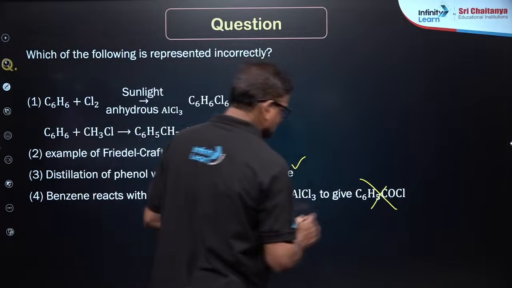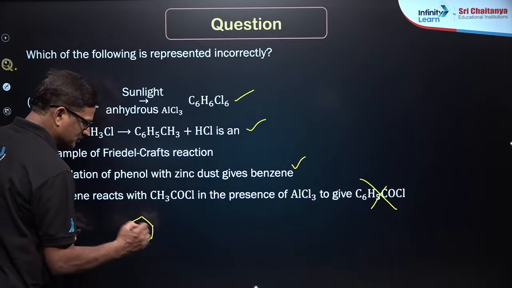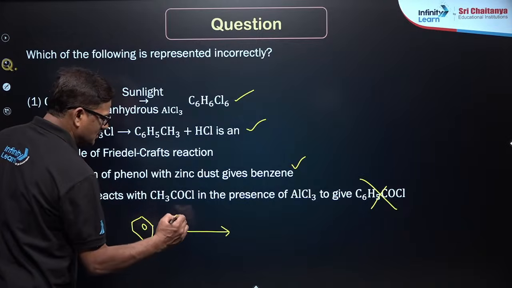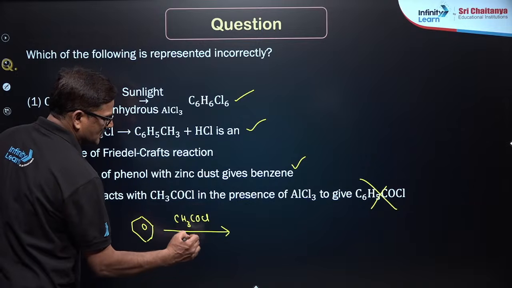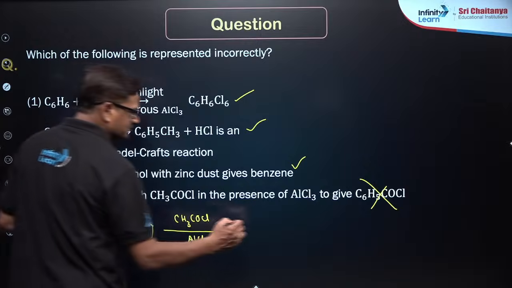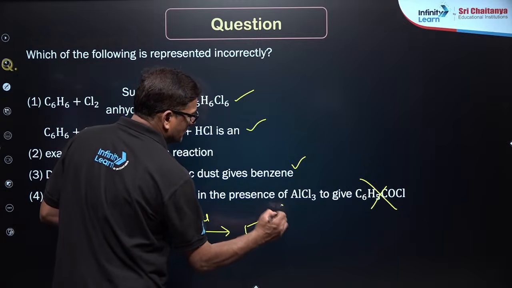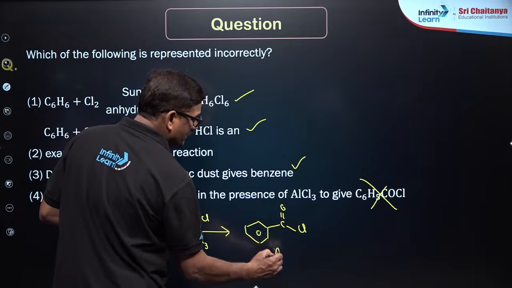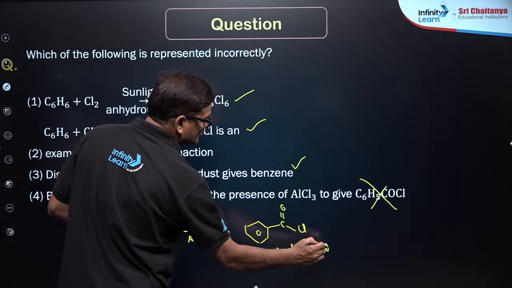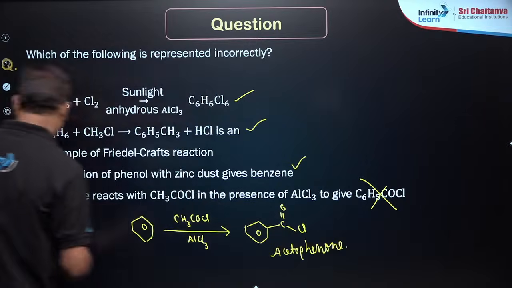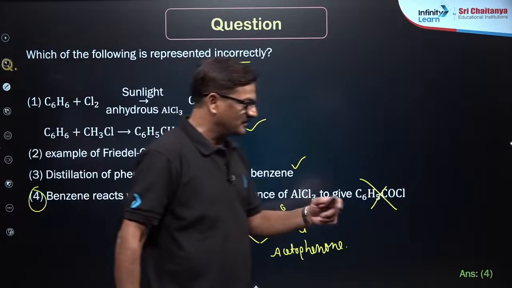This is not correct. Why? Because benzene reacts with CH3COCl in the presence of AlCl3 and you will have C double bond O, acetophenone will be formed. So the incorrect answer is going to be 4.